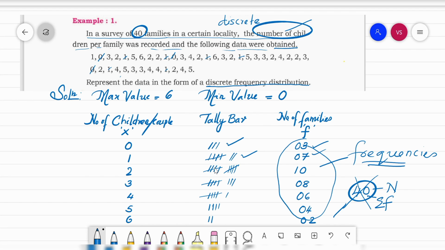What is important is that these values are perfectly done according to the data given to us: 3, 7, 10, 8, 6, 4, 2. Everybody should get the same number of tallies or frequencies. Then only it is perfect.